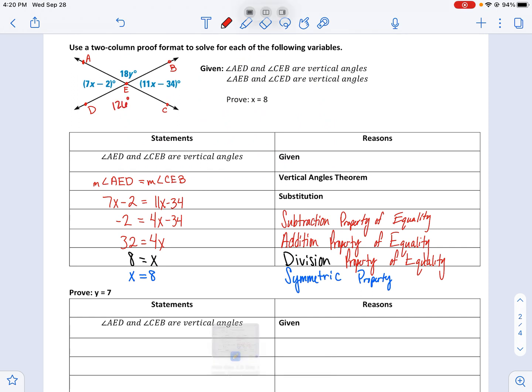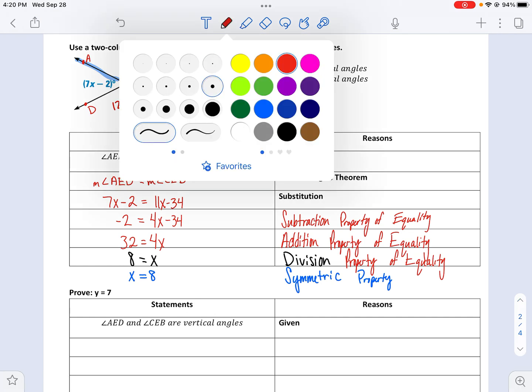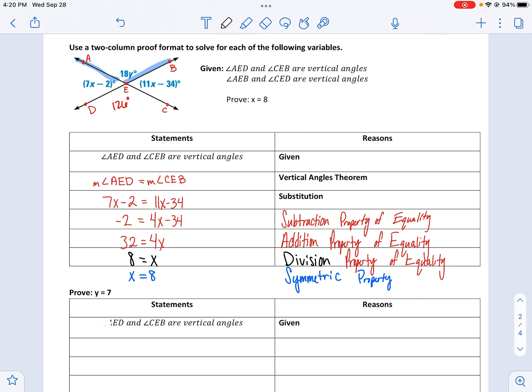Well, angle AEB is one of them, and what's the second one that's also related to that angle? Well, it should be angle DEC.